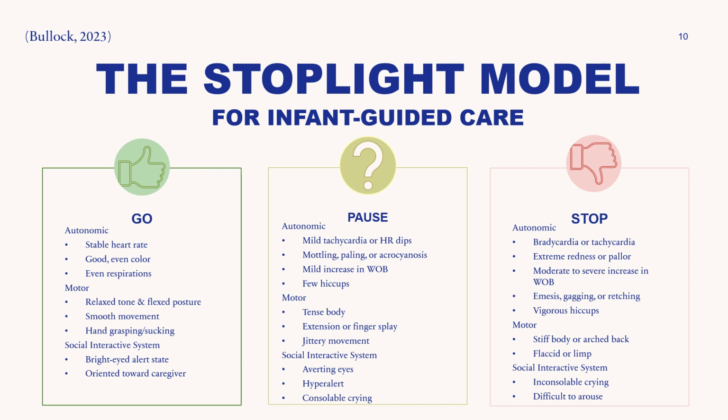If they have a stiff body or they're arching their back, or if they look really flaccid or limp. And then if they're crying inconsolably or really difficult to arouse, try a few nursing interventions, and then if they're not working, you're going to want to get some help from other members of the interdisciplinary care team, depending on what's going on.